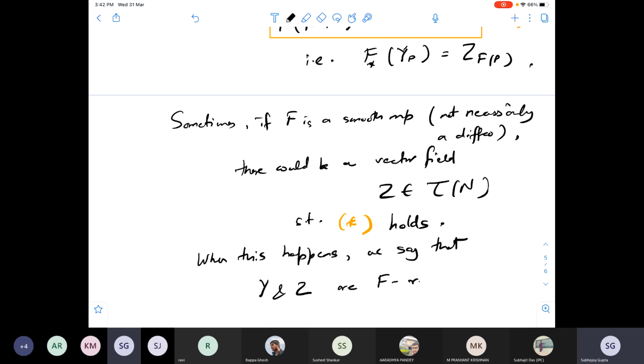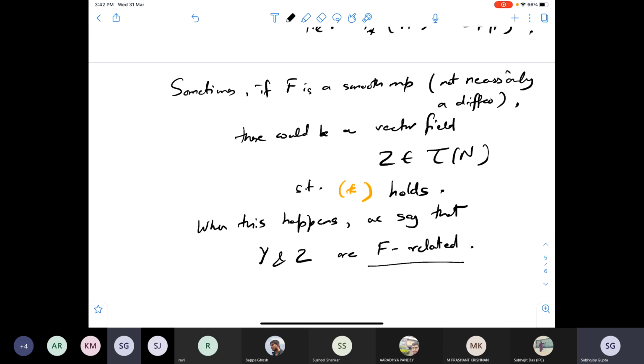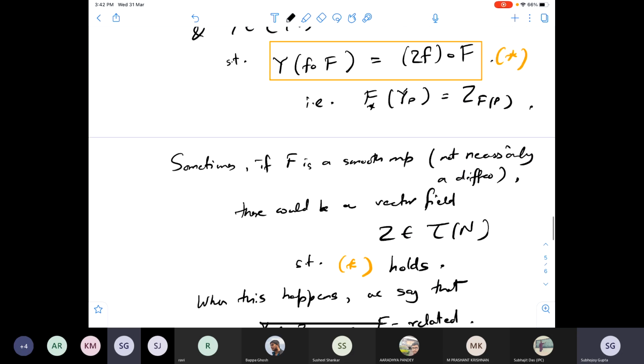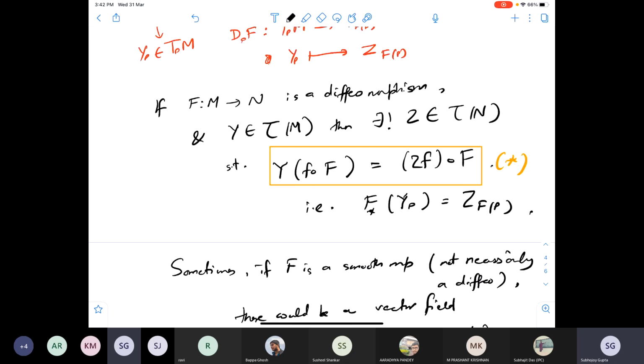This is something Lee's book uses, and it's sometimes convenient. So these two vector fields are related by that smooth map. If you think of them as operators, this composition works out.